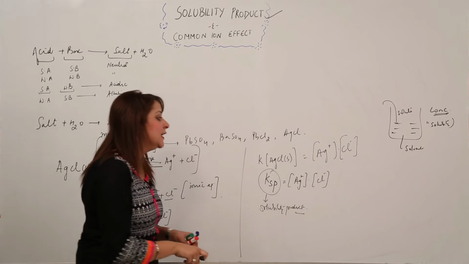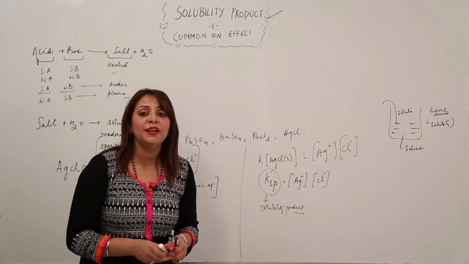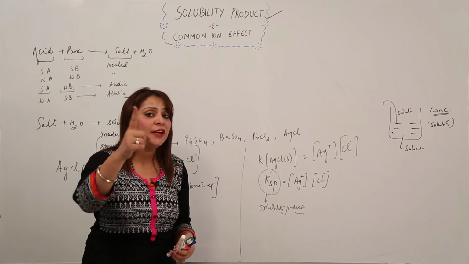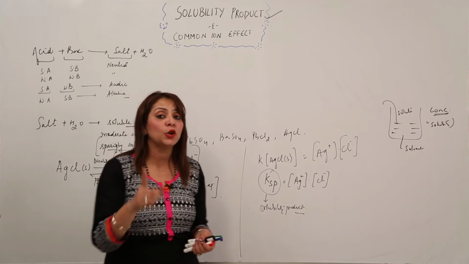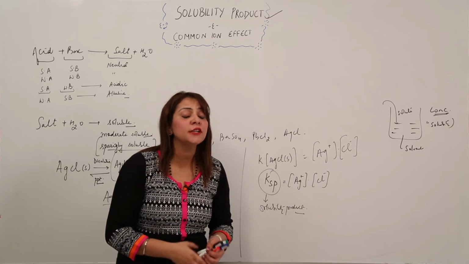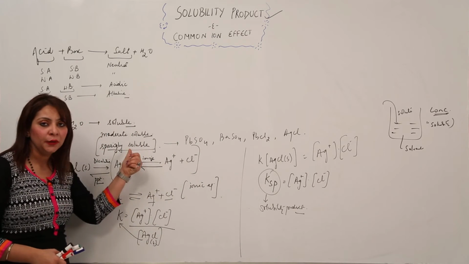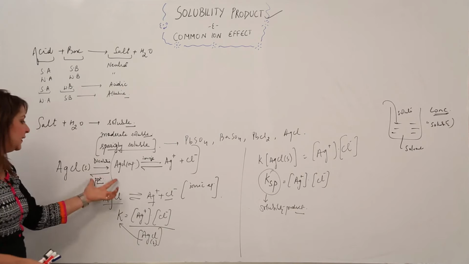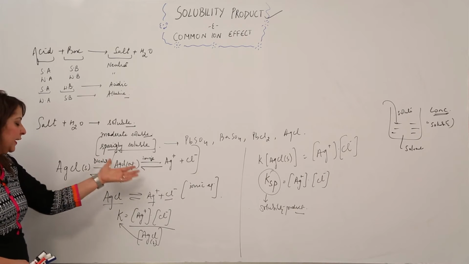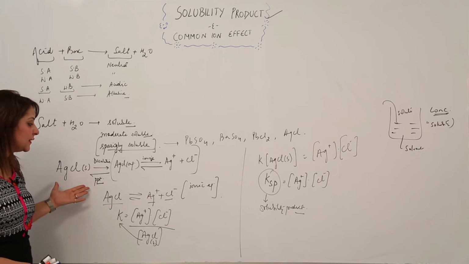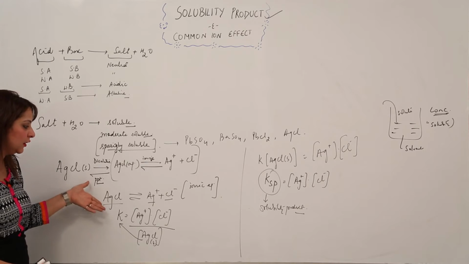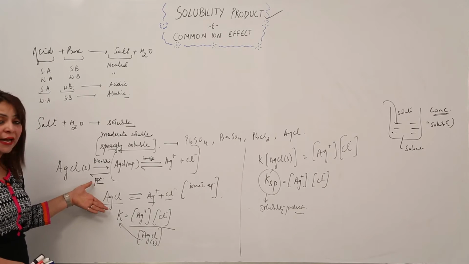If somebody asks you to derive an expression for solubility product, the first thing that should strike your mind is that solubility product is written only for salts which are sparingly soluble, right? Then you should know how to show that dissolution as well as precipitation is occurring, the ionic dynamic equilibrium.